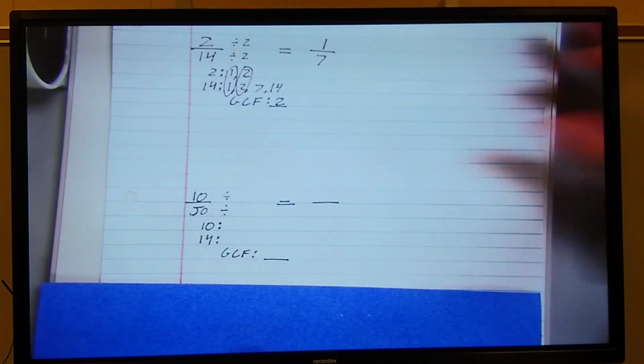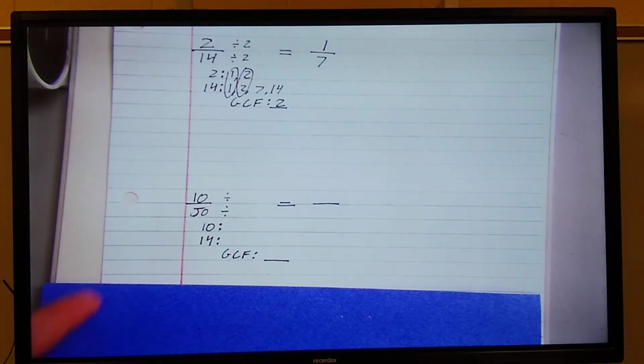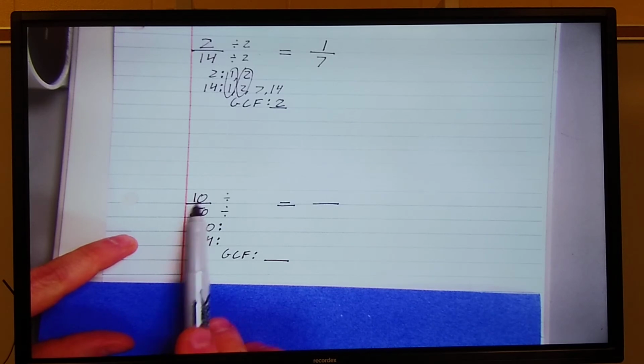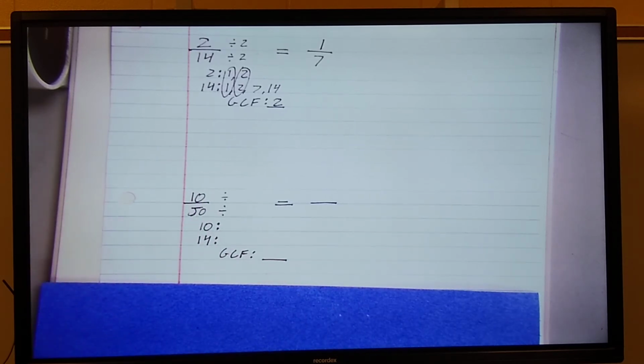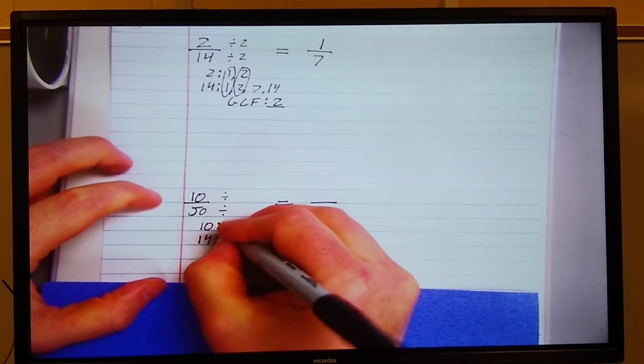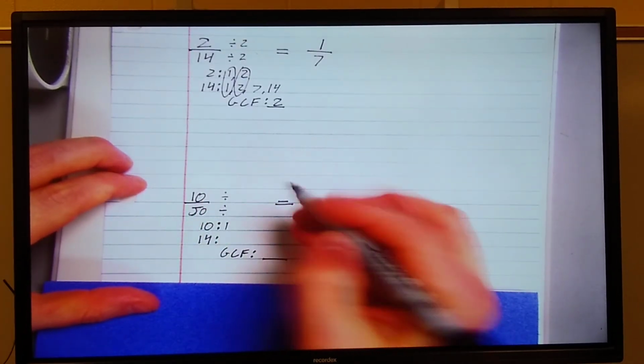So, you give me the simplest form of 10 over 50. Do that now. Pause the video. All right, let's see how good you did. I know I have to find my factors of 10 and 50.